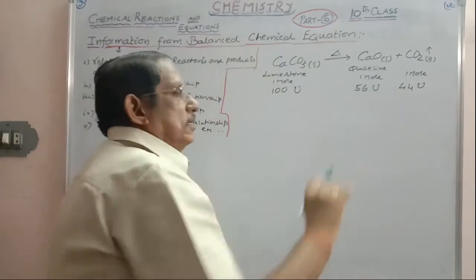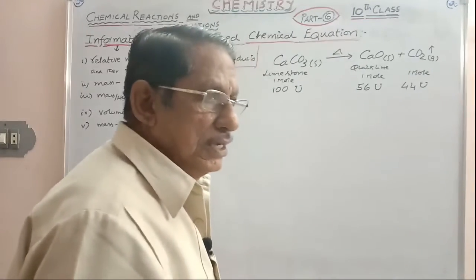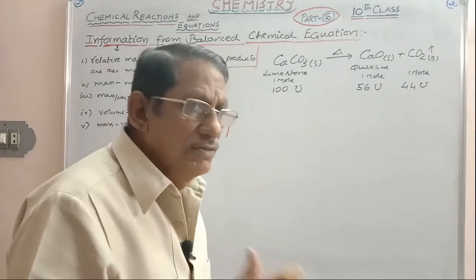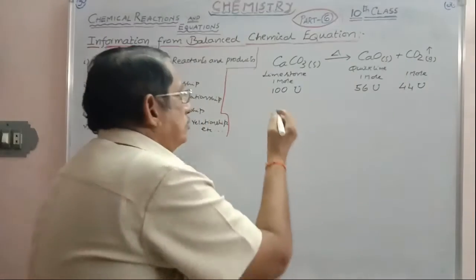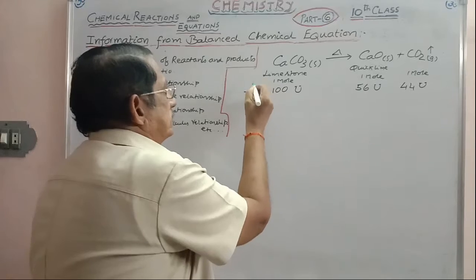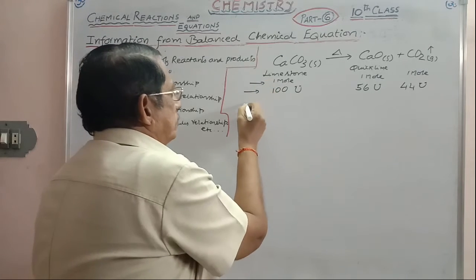This is the amu relationship. If amu is replaced by grams, then they will give you moles, grams. So here you can also write this as another piece of information, this is one piece of information, this is the third piece of information.